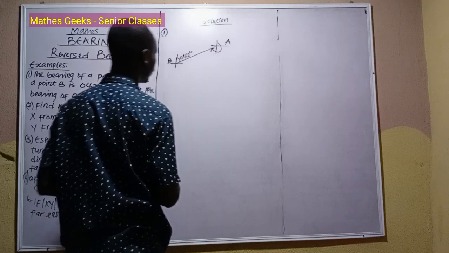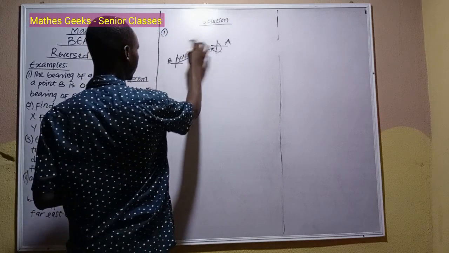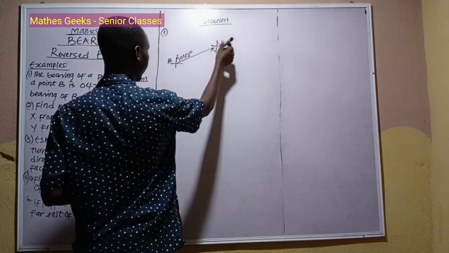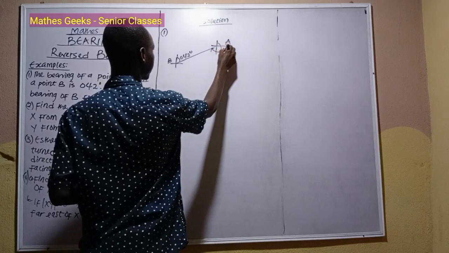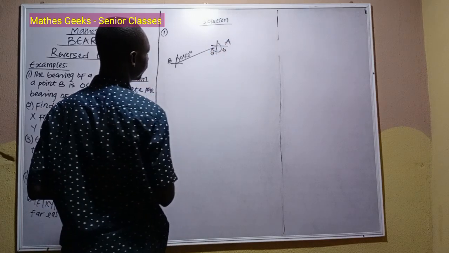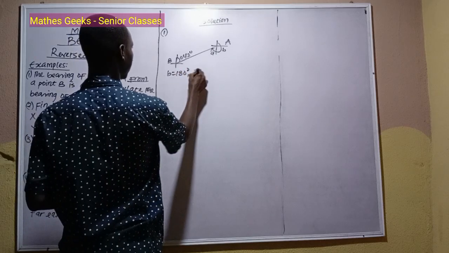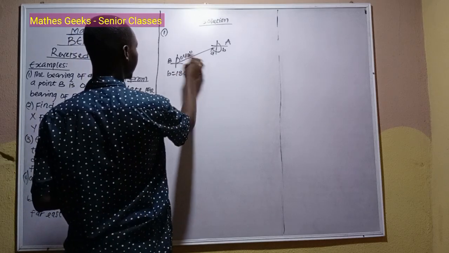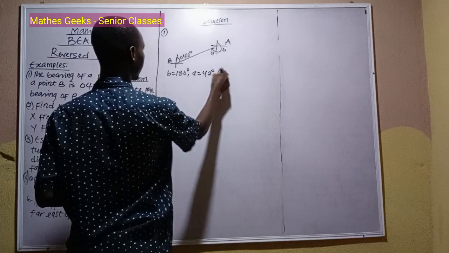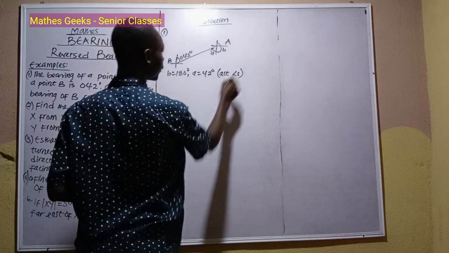Now what do you have here? Here is B and here is A. So B is equal to 180 degrees, and then A is equal to 42 degrees. Why? Alternate angles.